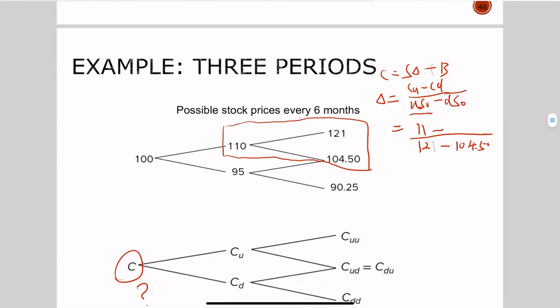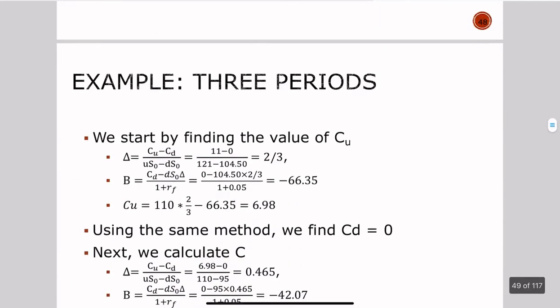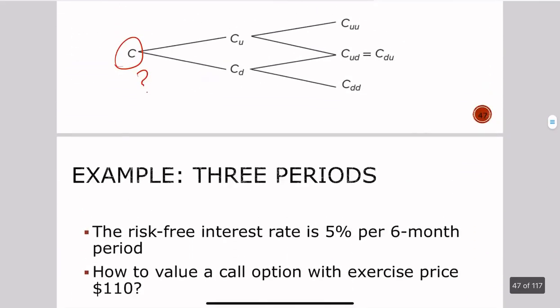What is Cd? Cd is the call option's payoff if the stock price drops. And we know that if the stock price is 104.5, then the option holder will not exercise this call option. So the payoff is just 0. Right? So this gives us the value of delta, which is 2 over 3.